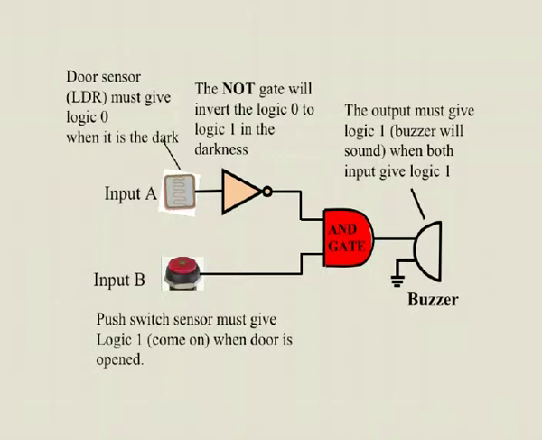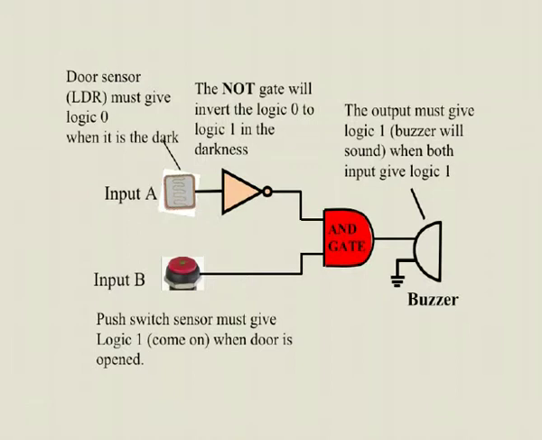Now, the output must give logic 1 so that the buzzer will sound. When both inputs are logic 1, then the output of the AND gate will be 1. In that case, the buzzer will sound.